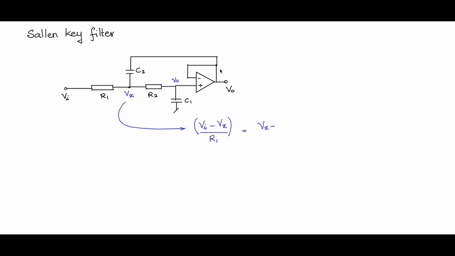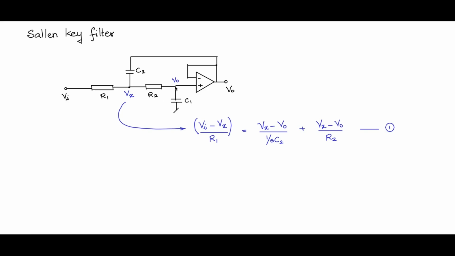So (Vx - V0)/(1/SC2) is this branch current, and this branch current will be (Vx - V0)/R2. So this is one equation that you have.